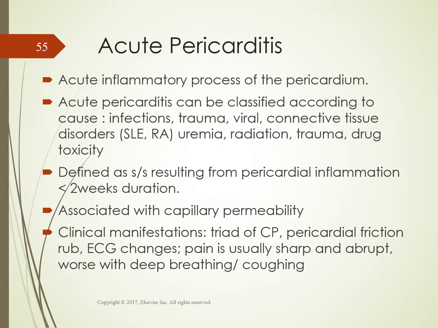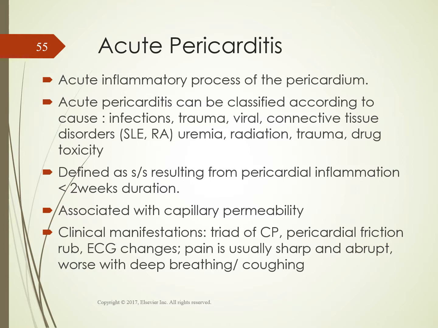So acute pericarditis is an acute inflammatory process of the pericardium. Acute pericarditis can be classified according to the cause: infection, trauma, viral, connective tissue disorders such as SLE or RA, uremia, radiation, drug toxicity. It's defined as signs and symptoms of pericardial inflammation of less than 2 weeks duration associated with capillary permeability.